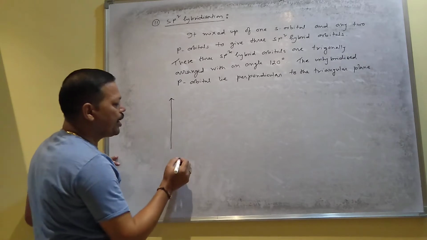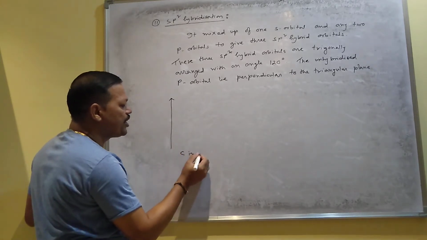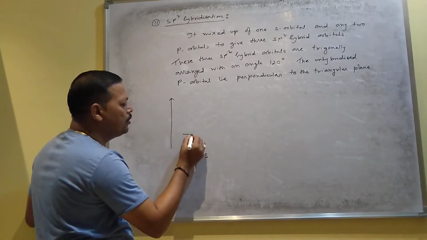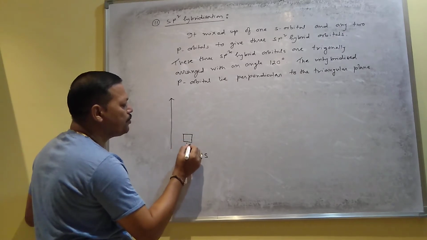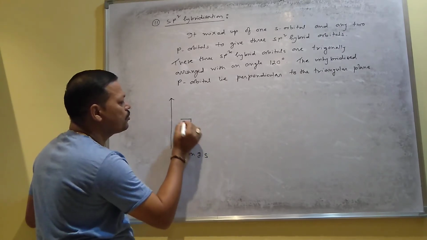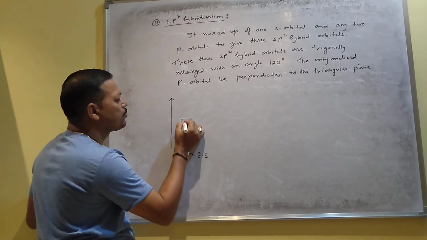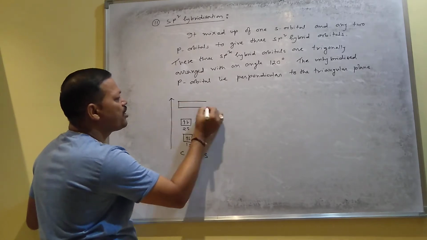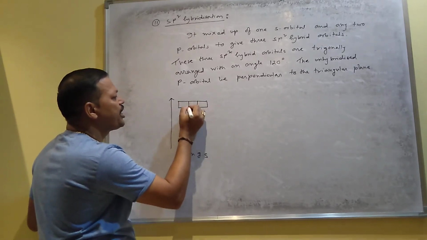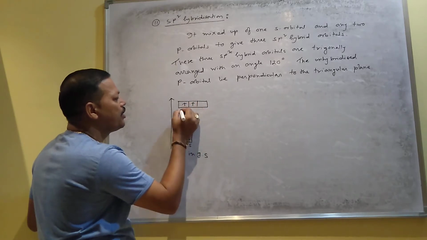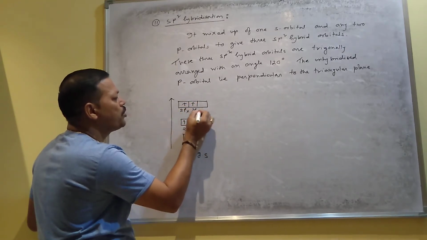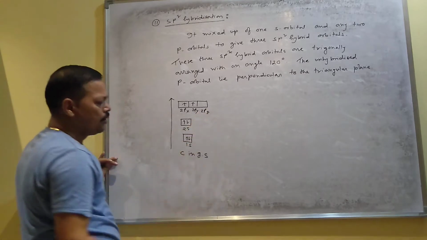So first I'll write the electronic configuration of carbon in the ground state. Ground state configuration, you know, 1s2, 2s2 and 2p contains 2 electrons. This is the electronic configuration of carbon in the ground state, 2px, 2py, 2pz.